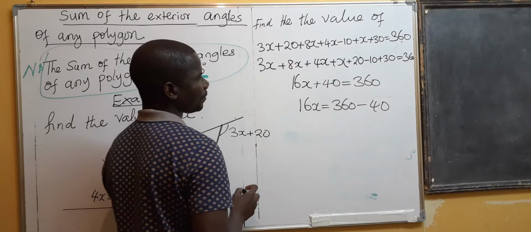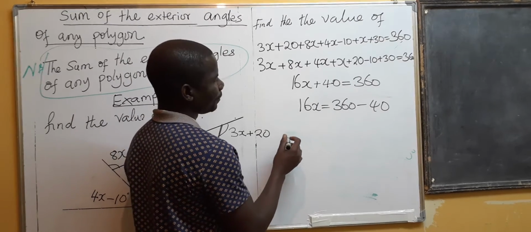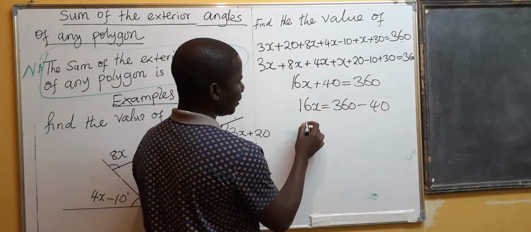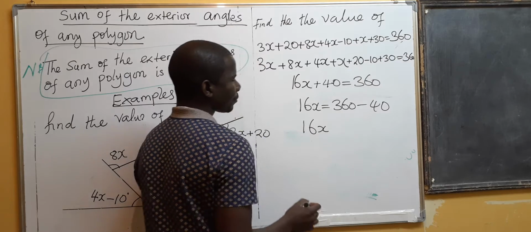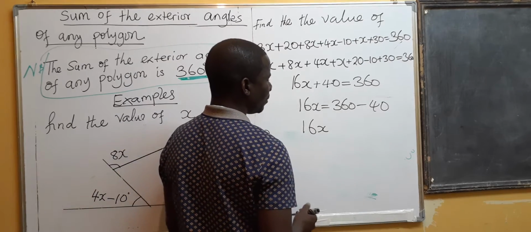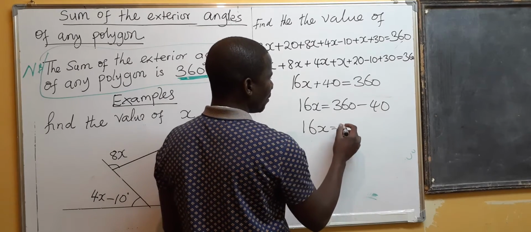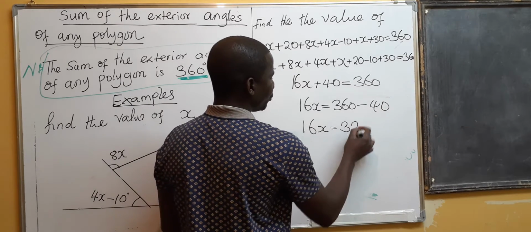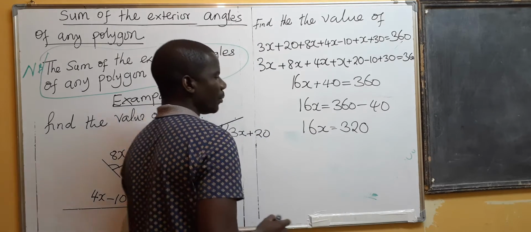Are we together? Then this gives us what? Let's work out this. So this is going to be now 320.